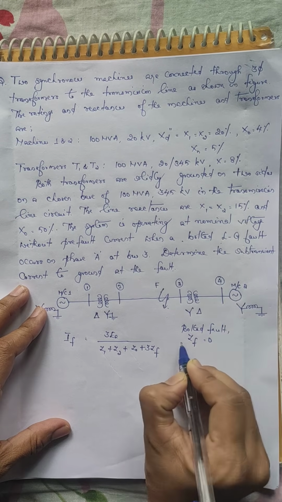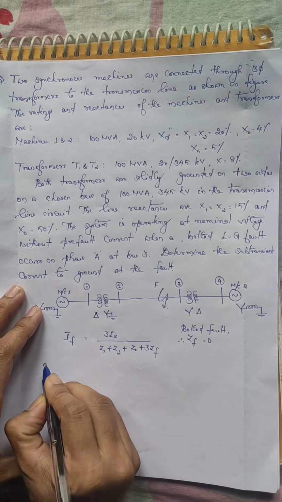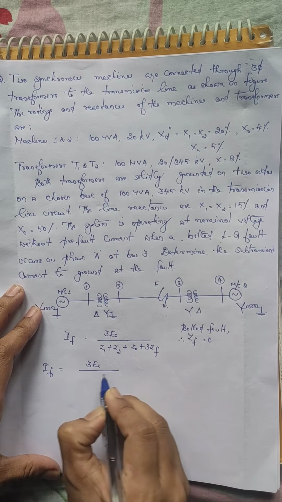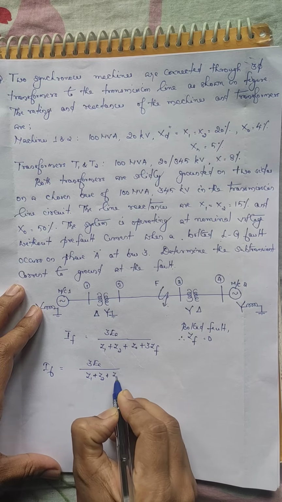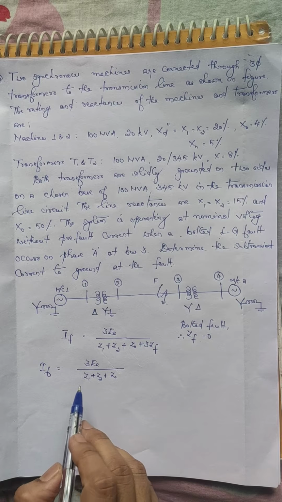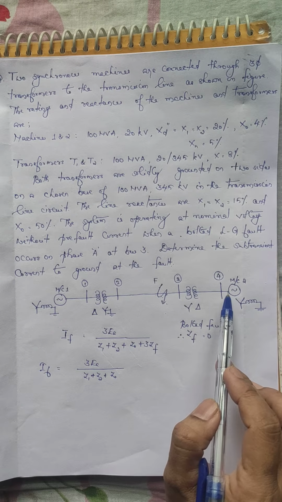So in this case the fault is bolted. Therefore ZF will be equal to 0, and the fault current IF will be equal to 3 times EA divided by Z1 plus Z2 plus Z0. This is the value of fault current. Here we are considering a complete power system network.